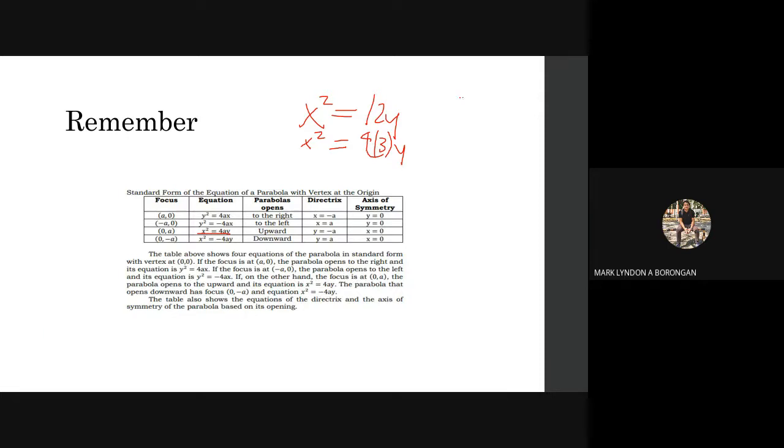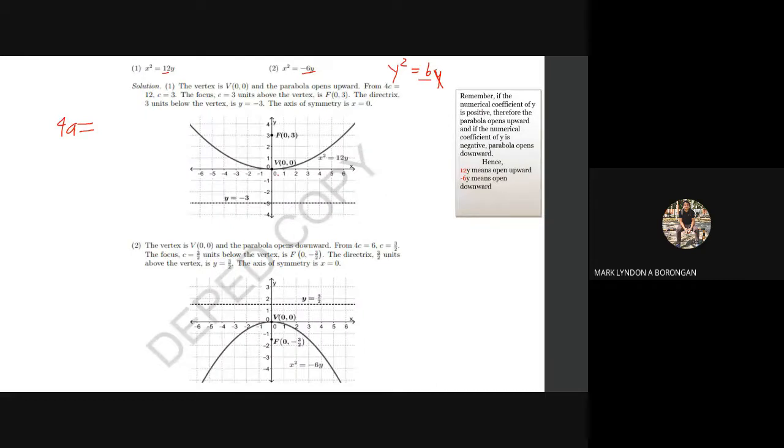Our a is our focal distance. So from the vertex, you just count 3 points up, then 3 points down for your directrix. So 3 points up, 1, 2, 3. Now you have located your focus.